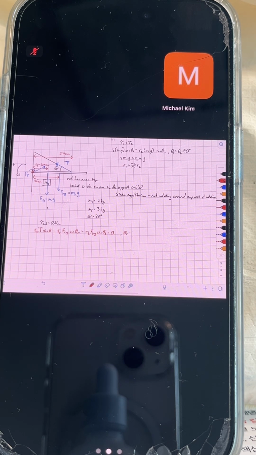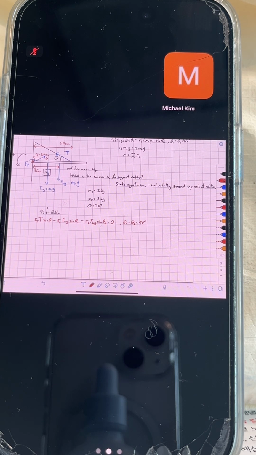And here, very conveniently, theta R and theta B are 90 degrees. Okay. And so I can basically just solve this for my T, right? This sine is just going to be 1, and this is going to be 1. So I can move those terms to the other side.